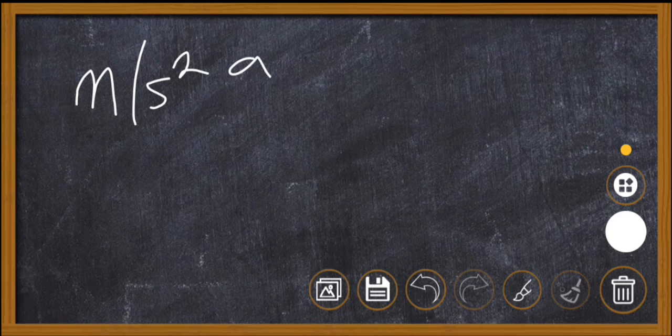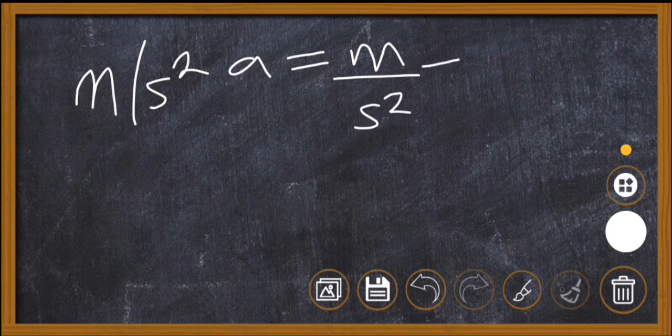Let's look at acceleration, for example. We know that acceleration is meters per second squared. So the dimension analysis for acceleration will be meters, representing the distance, over seconds squared. Writing it like this is the same as writing it like this.